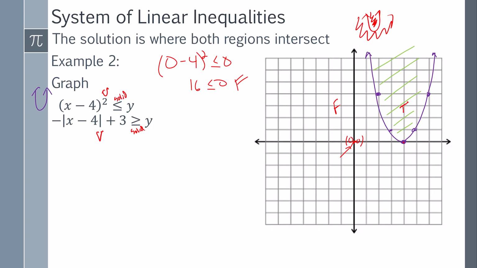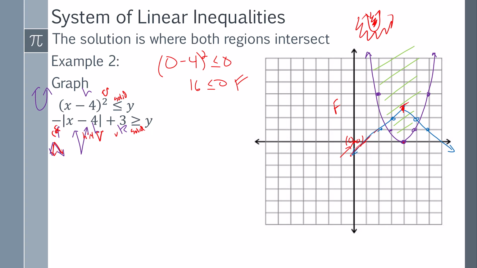Now I can graph the other one. I have a reflection here, so I know it's going to go down. And then I have a horizontal shift of 4, and a vertical shift of 3. So remember, horizontal shift 4, vertical shift 3. And so graphing that, I moved it over 4, up 3, and it's going down. And now again, I could test a value. If I wanted to try 0, 0 again, you just can't test it if it's on the line.